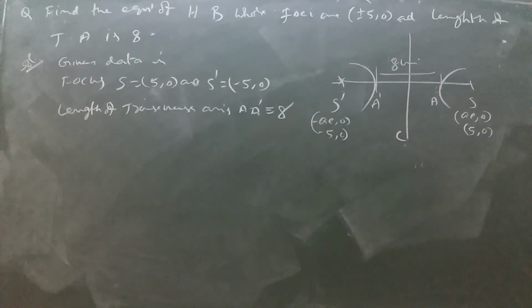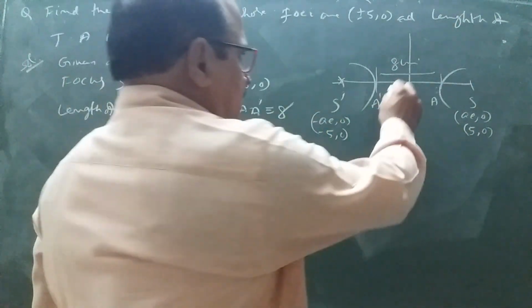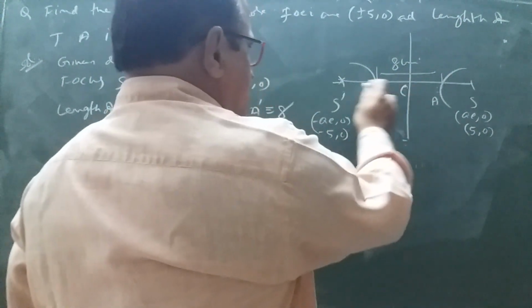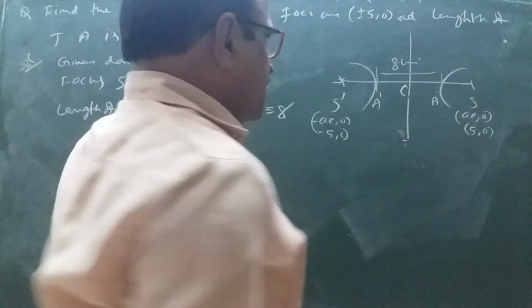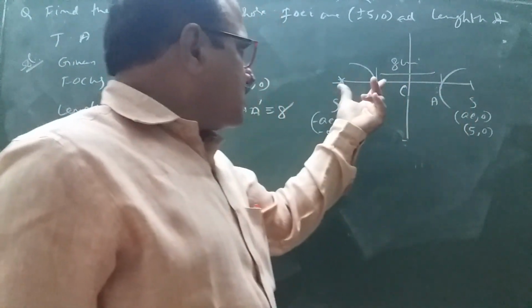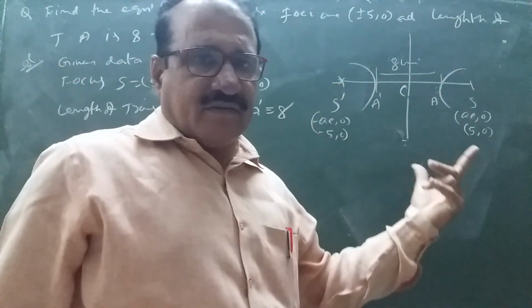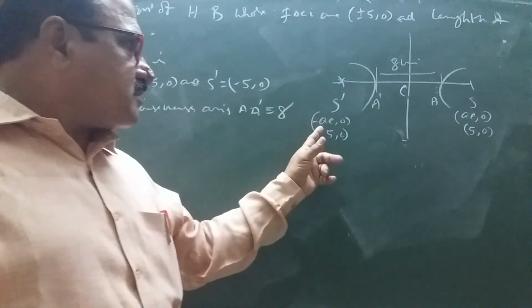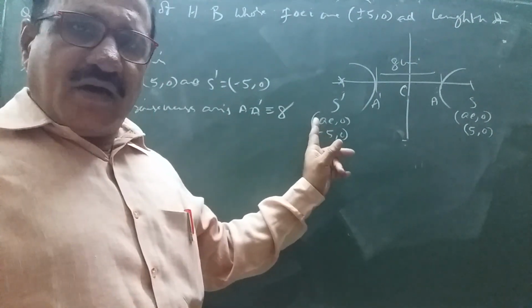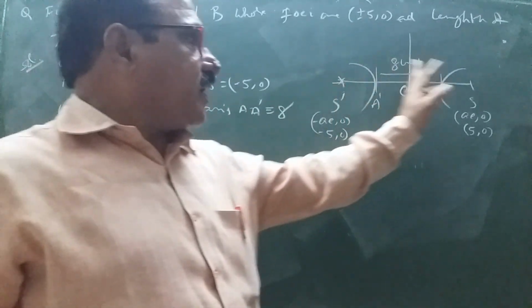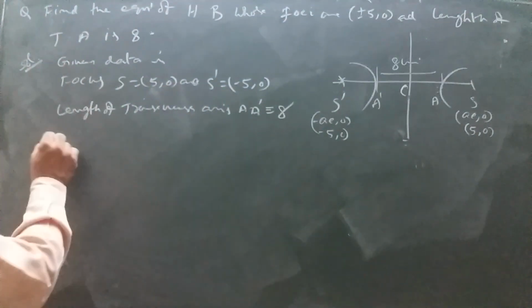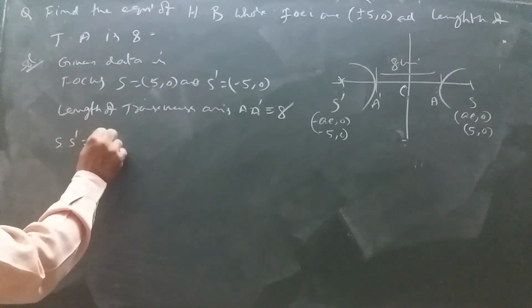By these data, we can find A, B, E. The length, this is C. CS dash is equal to CS. This is AE. This is minus AE. The coordinates are minus AE, 0 and AE, 0. The length SS dash is equal to 2AE.